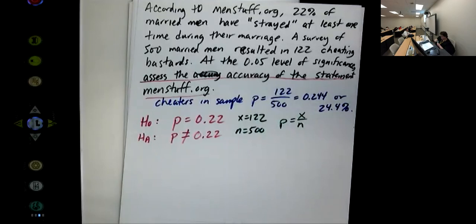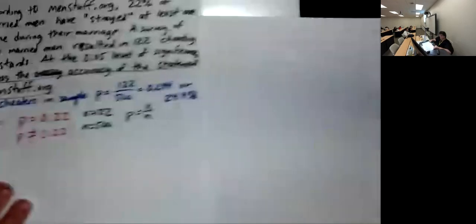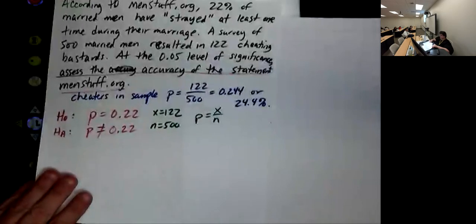X is the number of people that are yes in the case, yes, I cheated. 500 is the number of people asked. So I'm going to start listing some stuff. Start writing this as an official statement of hypothesis here.